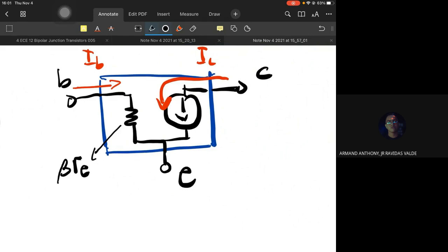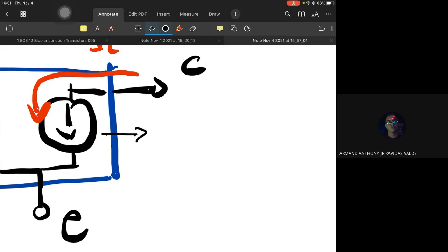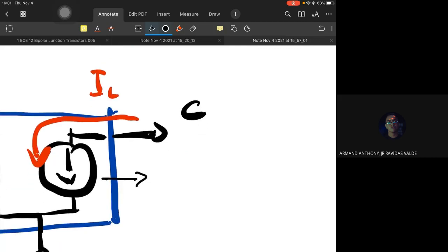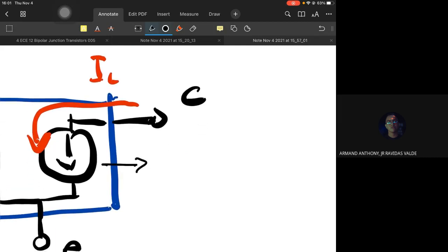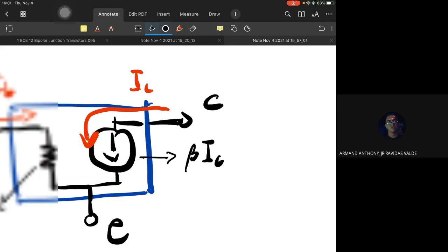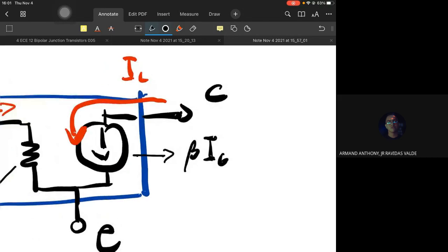The value of our current source is IC equals beta IB.